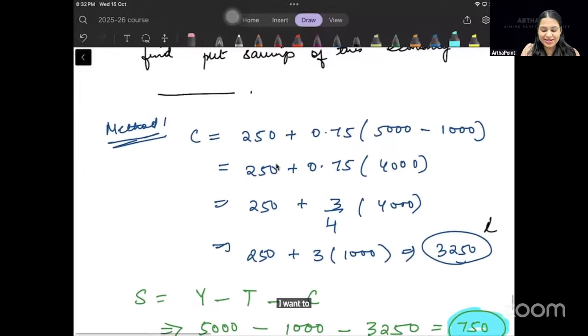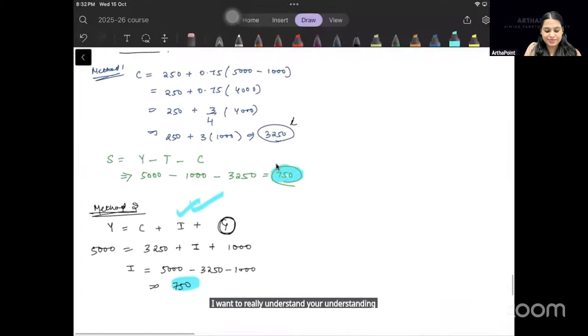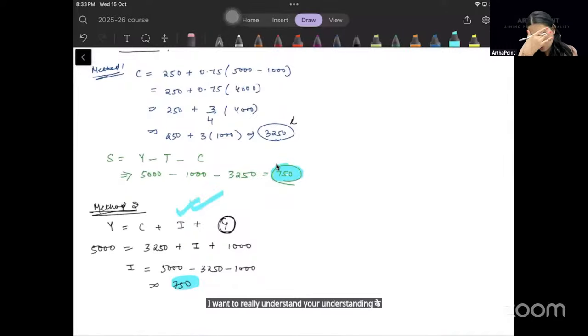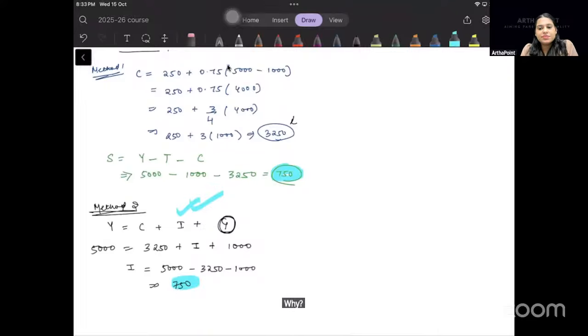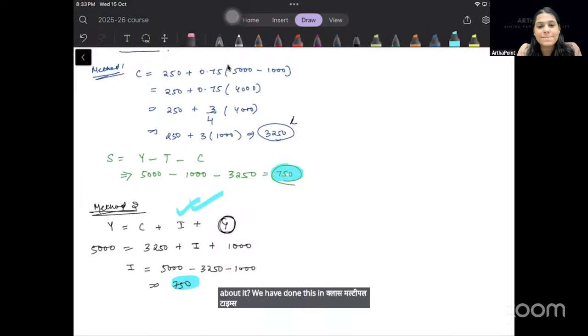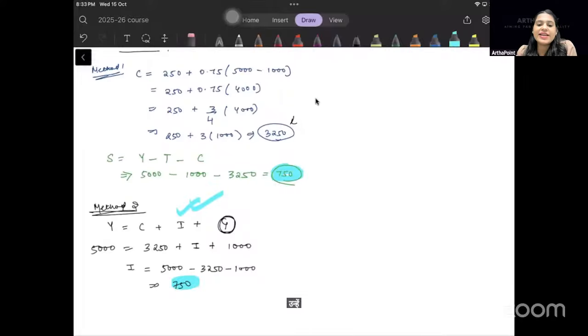I want to really understand your understanding. Can I use method 2 to find savings in the economy better? Why? क्यों नहीं use कर सकते? There is a reason. Think about it. We have done this in class multiple times. Why or why not? Why can I use this method and why I cannot use this? Only if internal and external balance is 0.